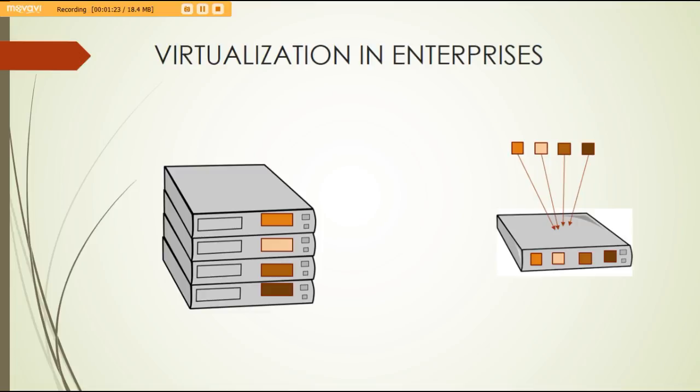It is costly for the organization. It consumes so much electricity and space, plus the organization is wasting so many resources, because the hardware is so powerful these days, but the applications installed on it are not utilizing those resources to the max.